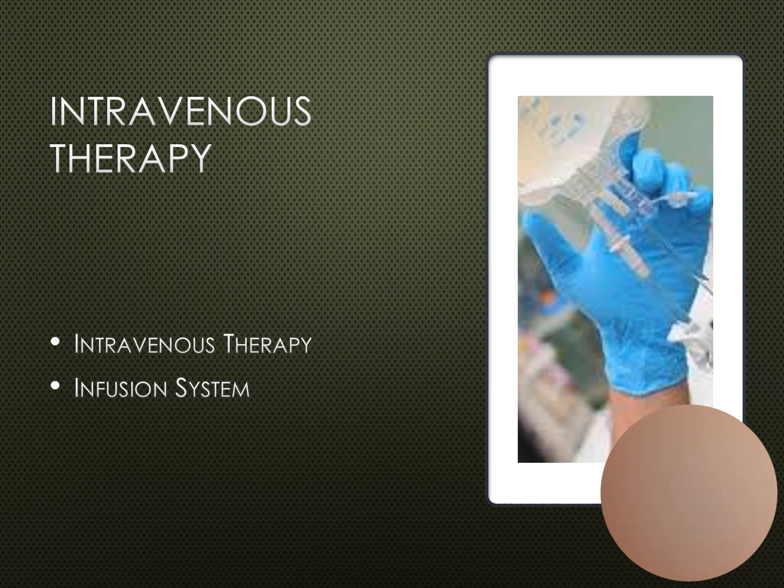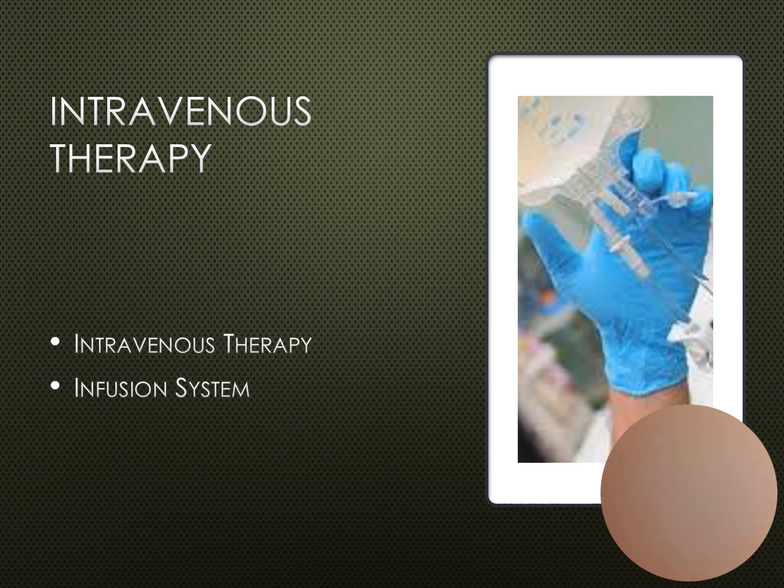The infusion system will include a solution container, administration set, add-on devices, and a flow control device. The solution container is a plastic bag, a semi-rigid plastic bottle, glass bottles, or syringes.